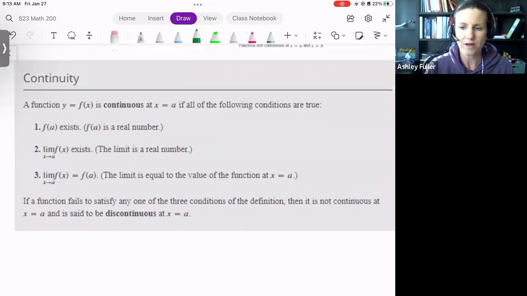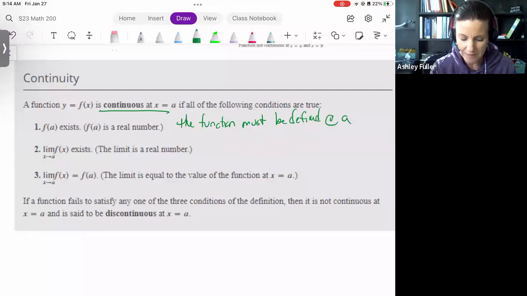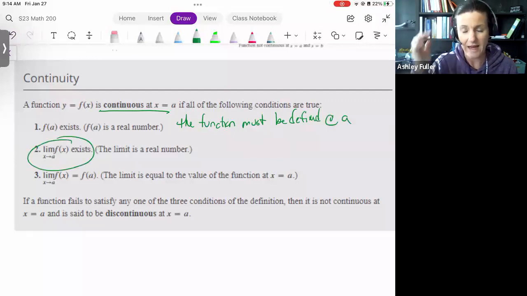Note there are three criteria listed here, and for a function to be continuous, all three of these conditions must be true. F of A must exist. This means that the function must be defined at A, or must have a value. The limit of f of x at the point A, as x approaches A, has to exist.